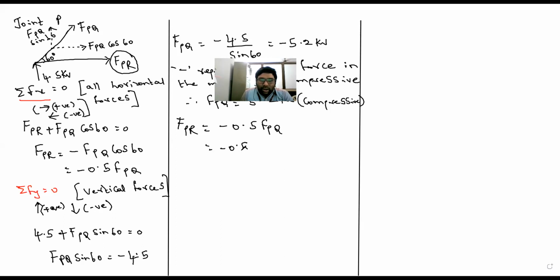That is equal to minus 0.5 times minus 5.2, that is equal to 2.6 kilonewton. What is this? Tension or compression? This is tension. So that is how we need to take things further.